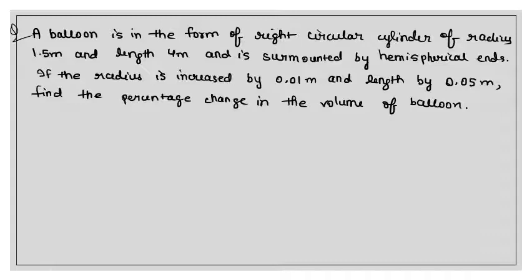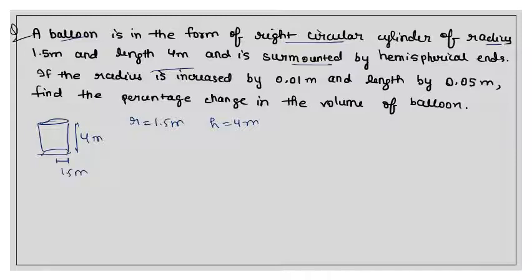Question is saying a balloon is in the form of right circular cylinder. Okay, so it is in the form of cylinder. What you have got is its radius is 1.5 meter, height is 4 meter. So this is 4 and this bit is 1.5. It is surmounted by hemispherical ends. It is not mentioned one end or at the two ends, so we are putting at both the ends.